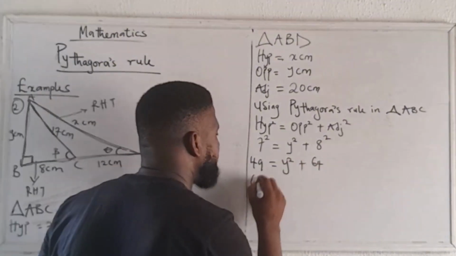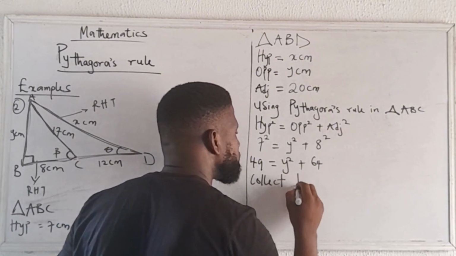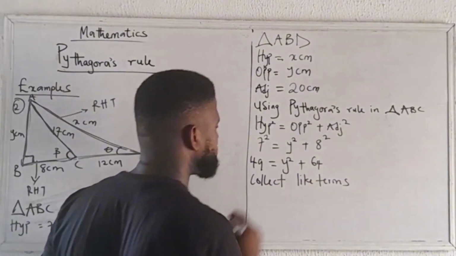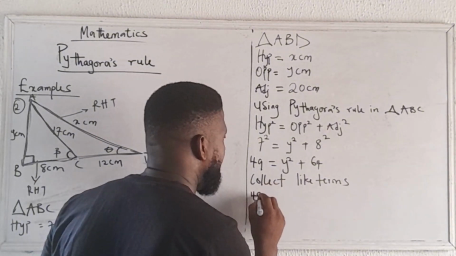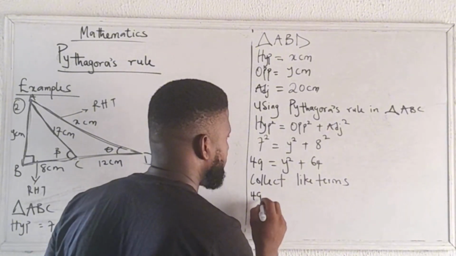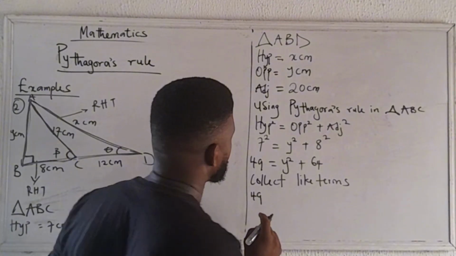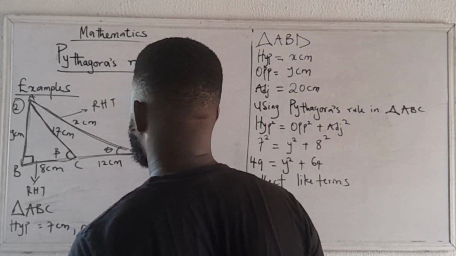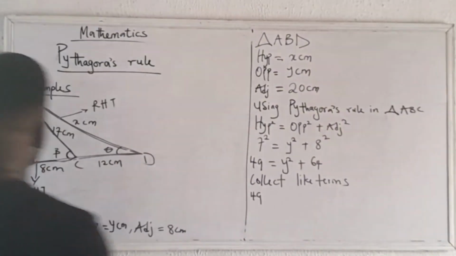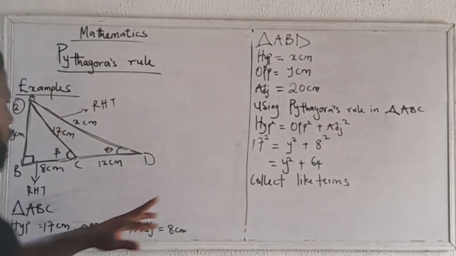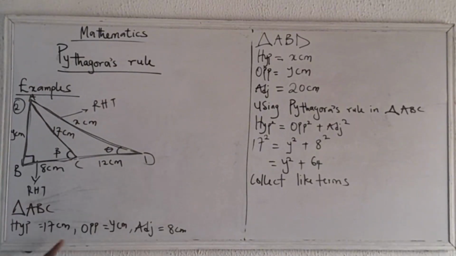Oh, sorry, hypotenuse is 17, not 7. Apologies about that.